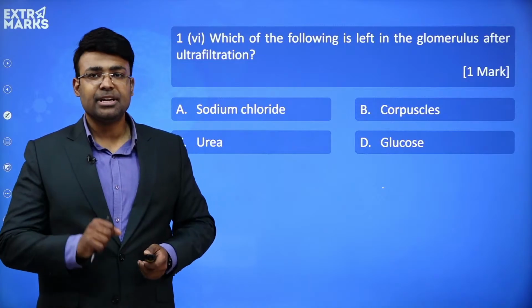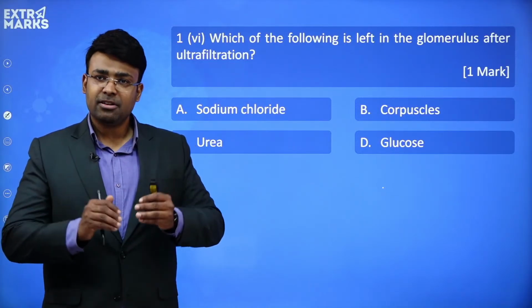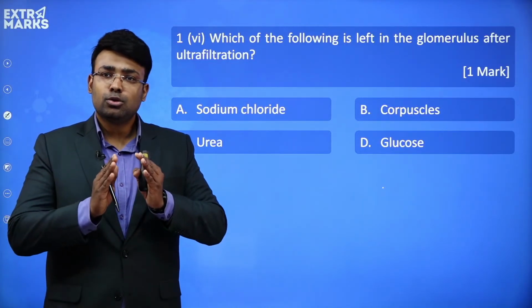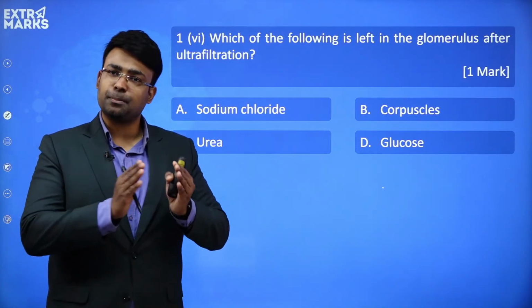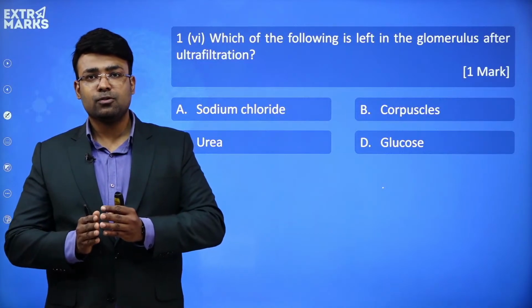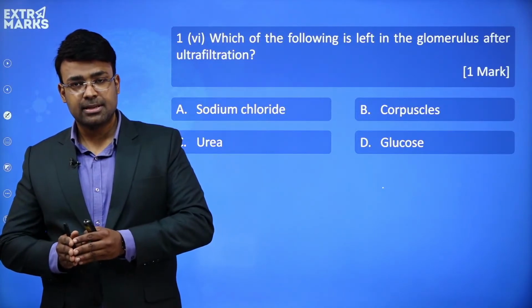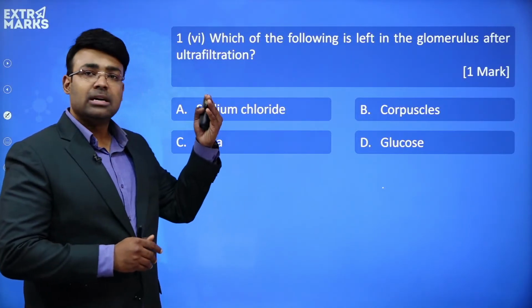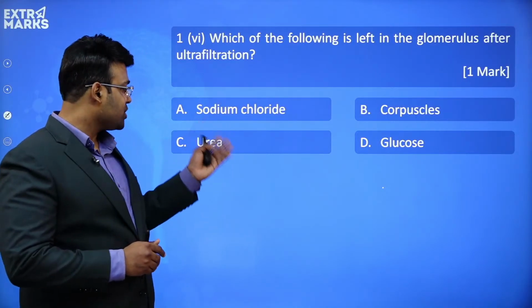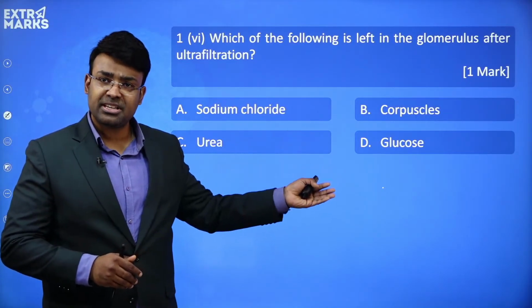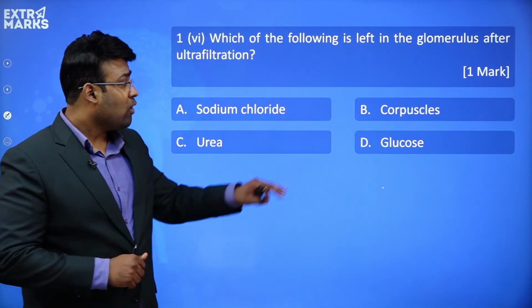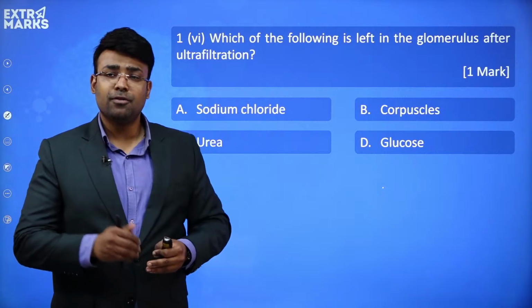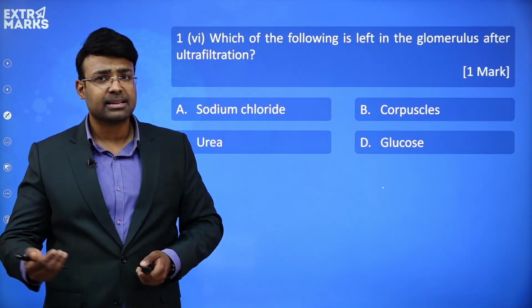See everyone, let me tell you one very basic thing. Our blood consists of two very important parts. The first part is called plasma, and the second part is called formed elements. The plasma consists of various kinds of salts like sodium chloride, then glucose, antibodies, and water, while the corpuscles majorly consist of RBCs, WBCs, platelets and so on.